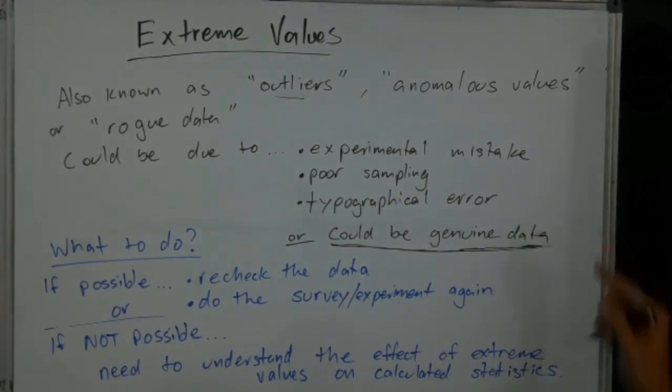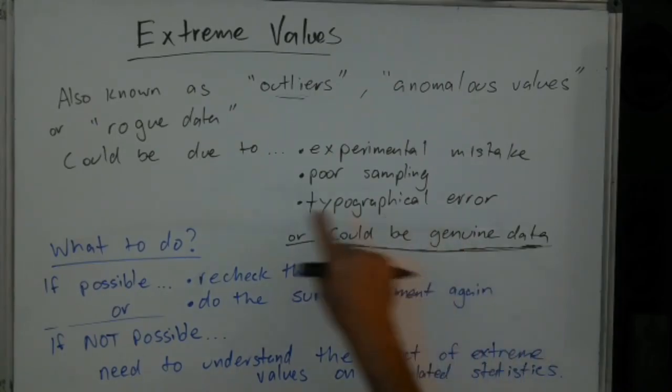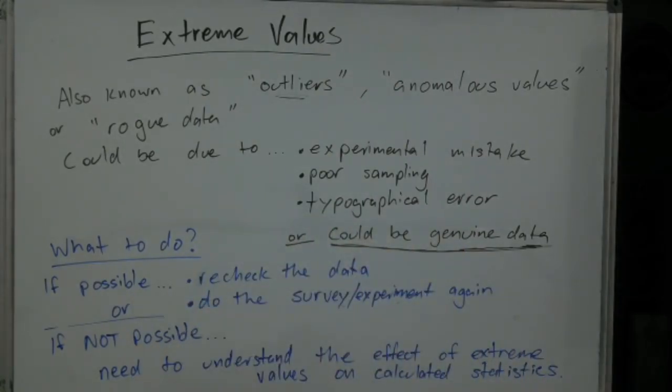If it's not possible to recheck, because it really depends on the type of data collection, then you need to understand the effect that extreme values can have on our calculated statistics. Okay, so that's what we're going to be talking about in this example.